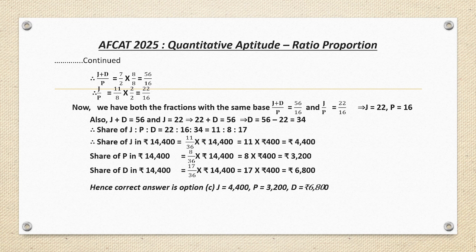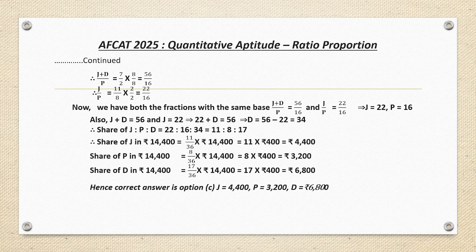So share of J in 14,400 is equal to 11 by 36 into 14,400. So that gives us 4,400. And share of P. What is share of P? It is 8 by 36 into 14,400. So that brings us to 3,200 rupees.